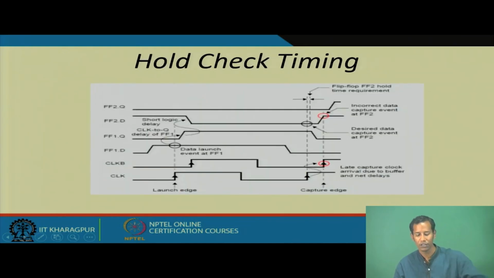Why does the hold time violation occur? Let us see how the hold check occurs in static timing analysis. Suppose this is the clock source.